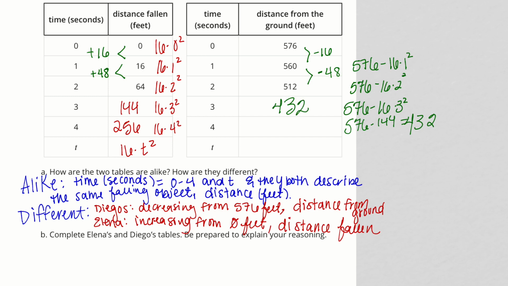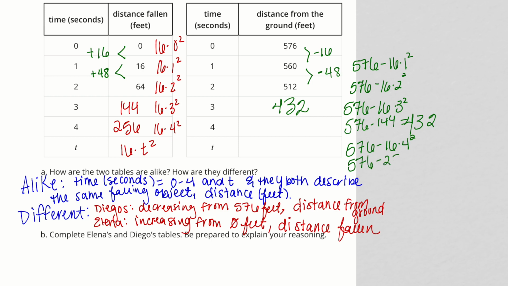Okay. So, what are we going to do for 4 seconds? 576 minus 16 times 4 squared? Okay. What's 16 times 4 squared? It's in the other table. 256. Okay.